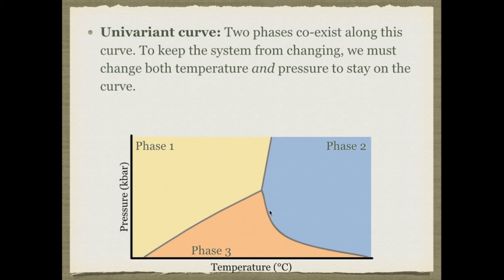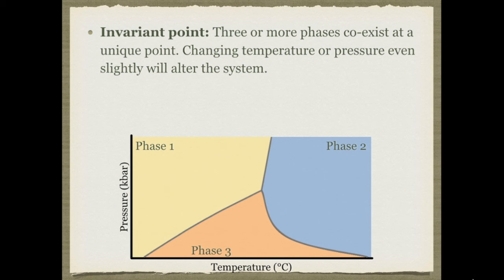If you just change the temperature, you move away from that line. If you just change the pressure, it's the same deal. So you have to change both of them to stay on the curve, and that means you only have 1 degree of freedom. Again, along this line you have phase 3 and phase 1 coexisting. You have to move along the line to keep them both coexisting and keep the system in the same state.